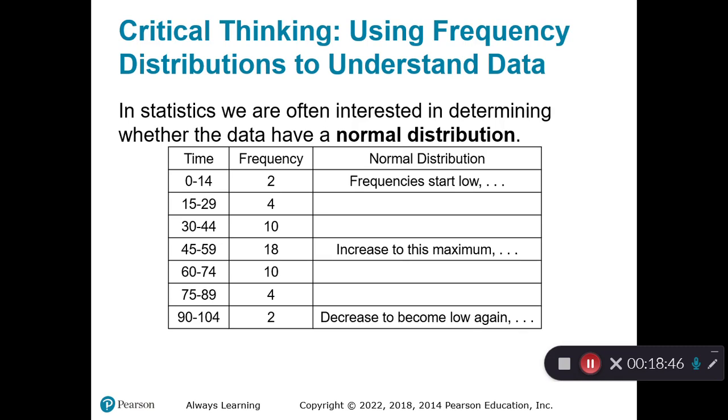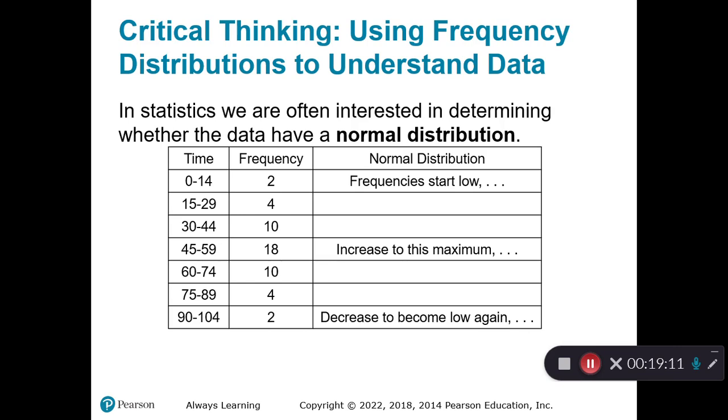If we take a look at the frequency distribution for those commute times in Los Angeles, we see that the frequency for the first class was quite low, only 2. Then they started to increase to a maximum of about 18. And then lastly, they decreased, and you see that last class had a value of 2.